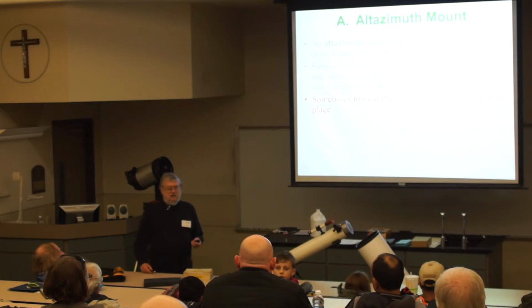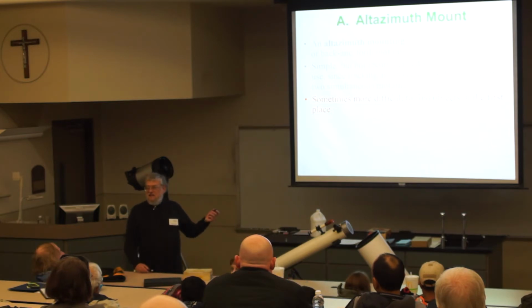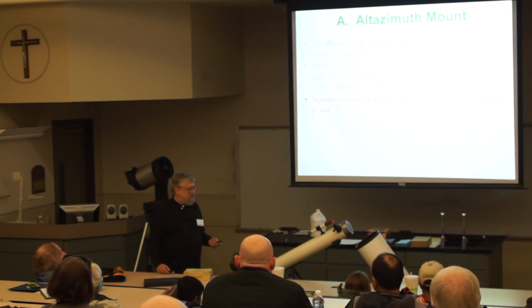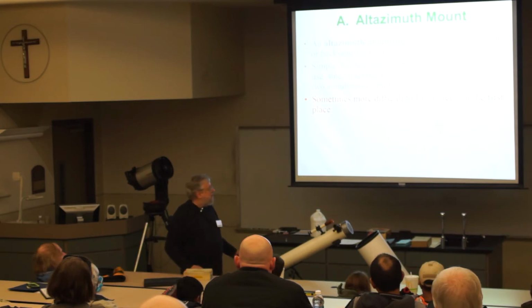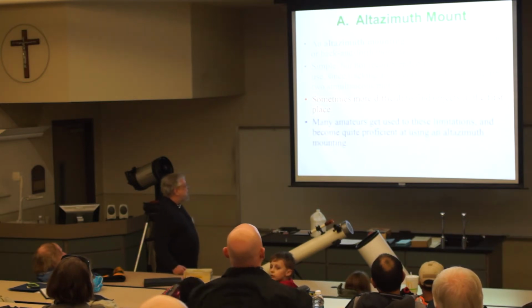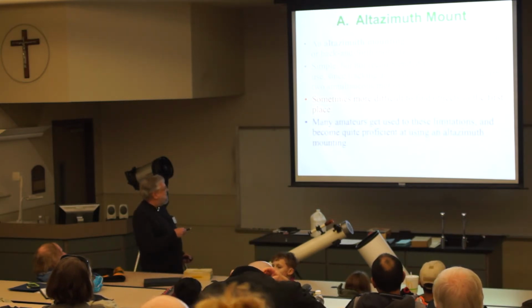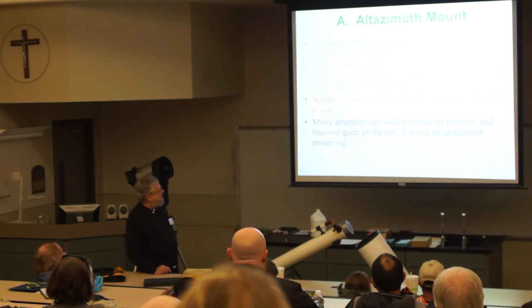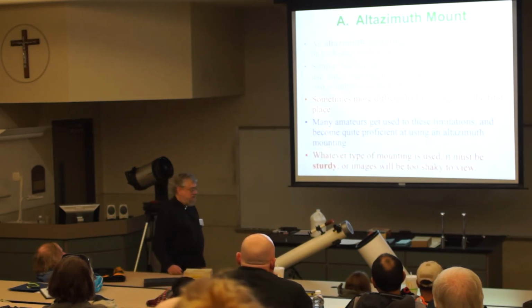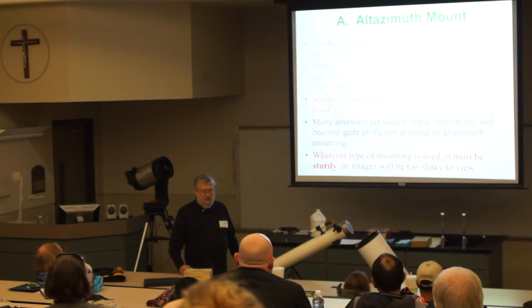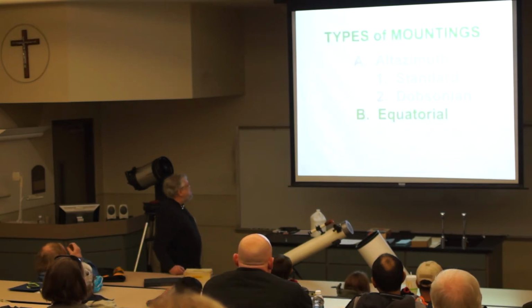So I can't say that this isn't any good. I'm just saying it's harder to use the altazimuth mount than the equatorial. So there's your examples of using the altazimuth successfully. The main thing is, whatever you use, it's got to be sturdy or it's no good.